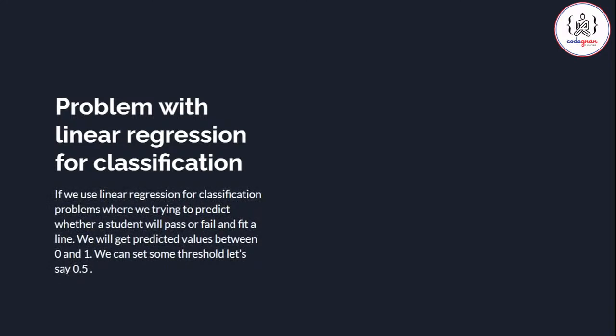Now let's look at what the problem is if we apply linear regression for classification problems. If we use linear regression for a classification problem, where we are trying to predict whether a student is going to pass or fail, then we will get the predicted values between 0 and 1, right? Because we only have these two classes. Either the student is going to pass or fail.